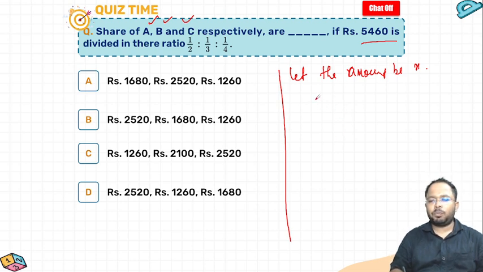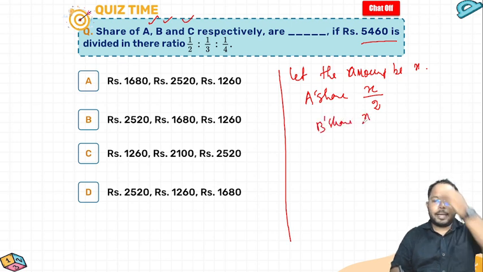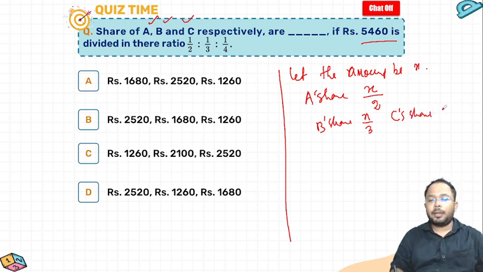So A's share, how much is he getting? x by 2. Then B's share is x by 3 and C's share is x by 4.